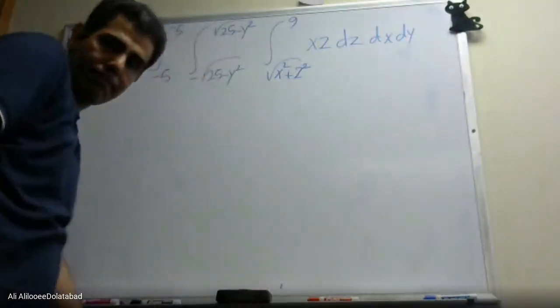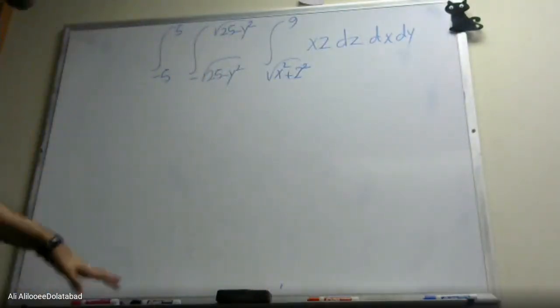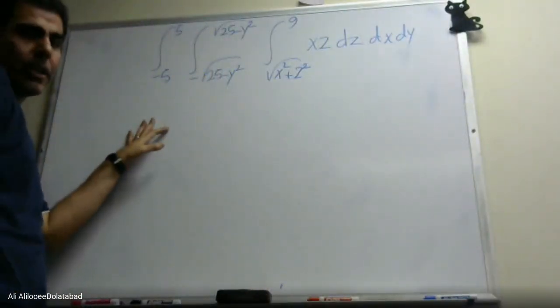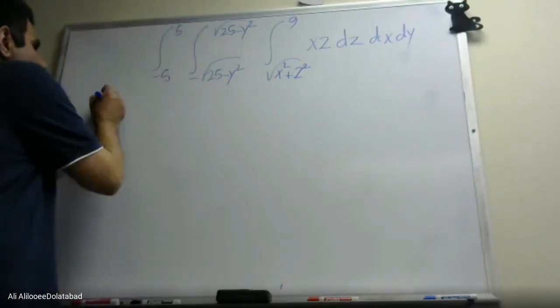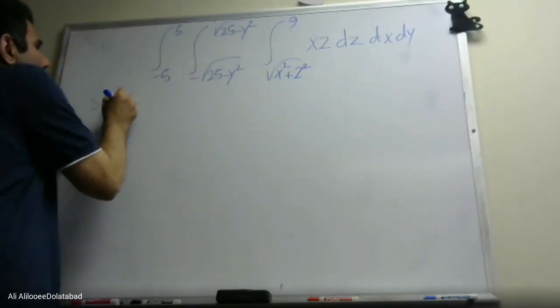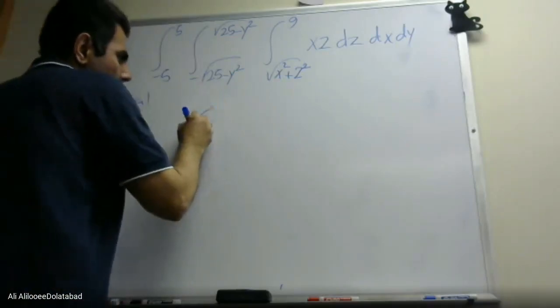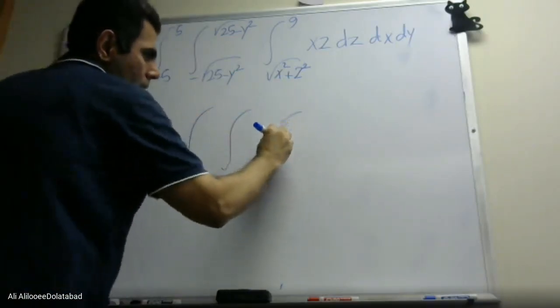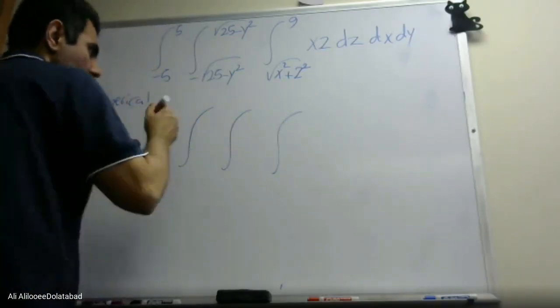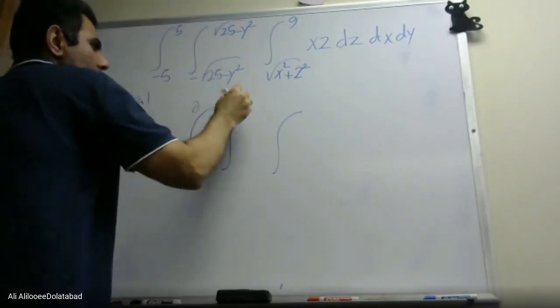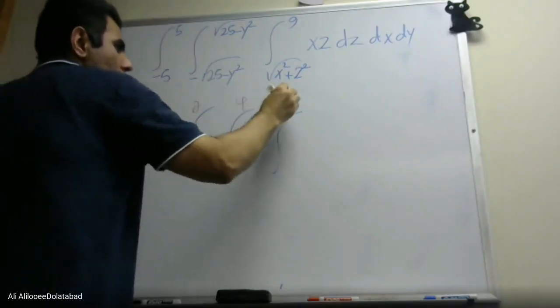My goal is to convert this integral into spherical coordinates. When you want to convert into spherical coordinates, you have three integrals. The first integral is labeled by theta, the next by phi, and the last by rho.